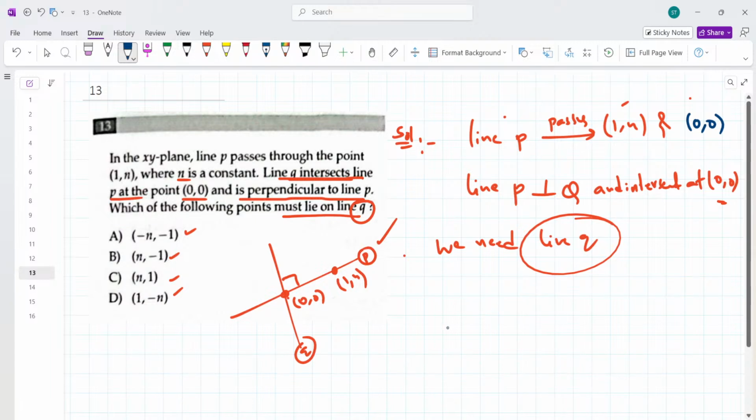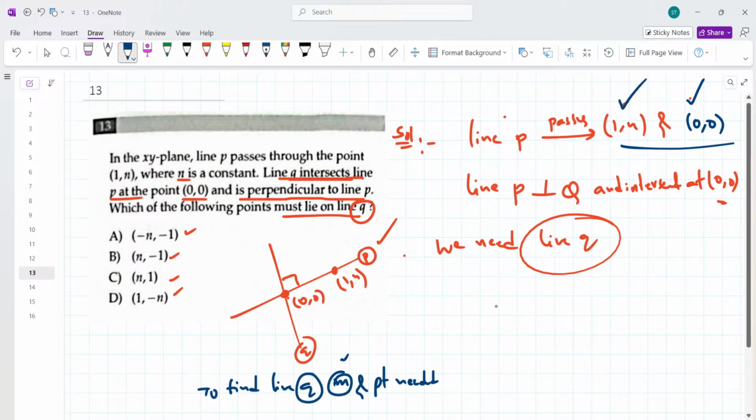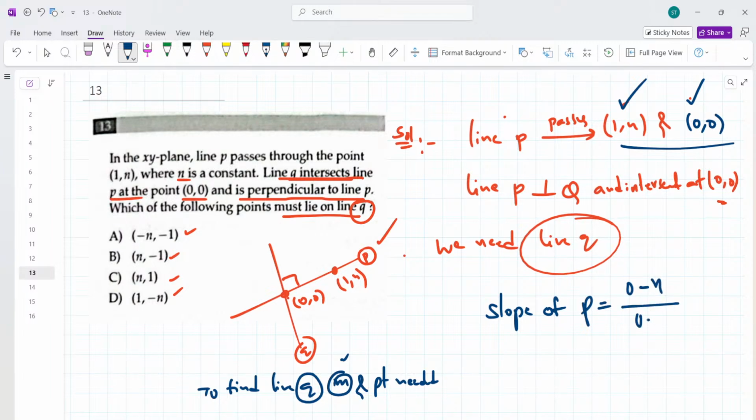So to find line Q, the slope m and a point are needed. How can we get the slope? They did not give the slope of Q, but we can get it using line P, because line P has 2 points. So slope of P equals (0 minus n) divided by (0 minus 1), which is negative n by negative 1, which is n.